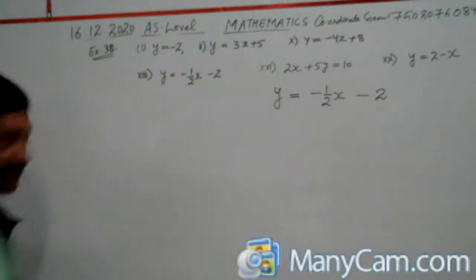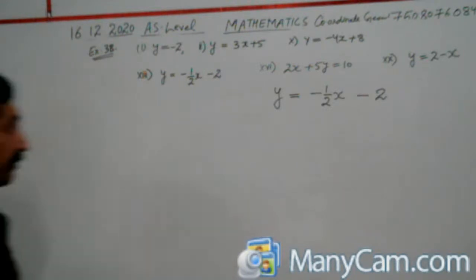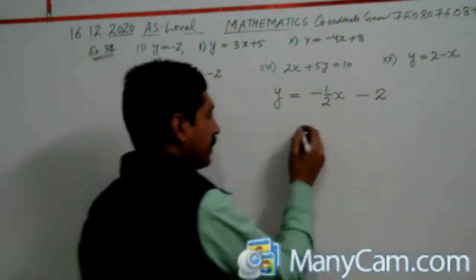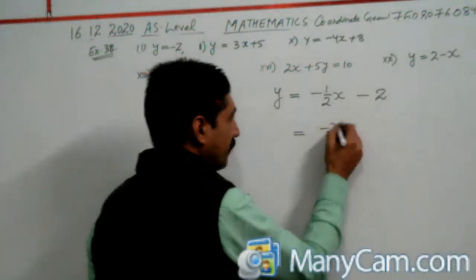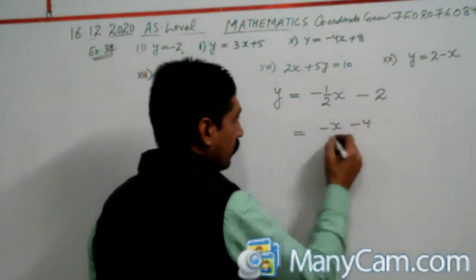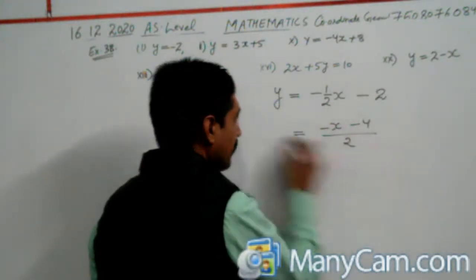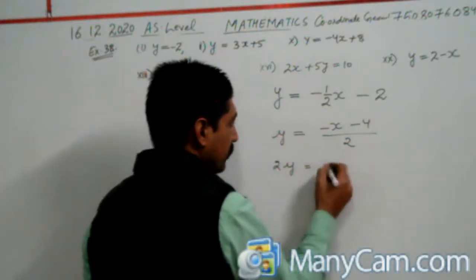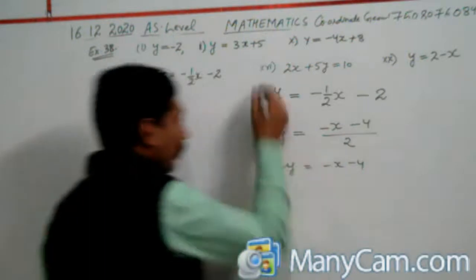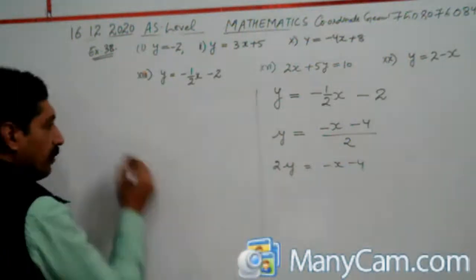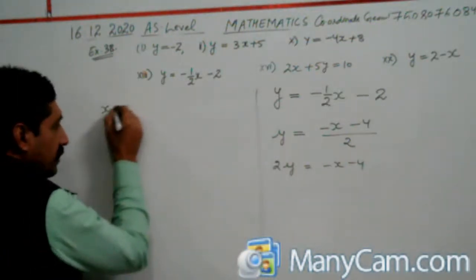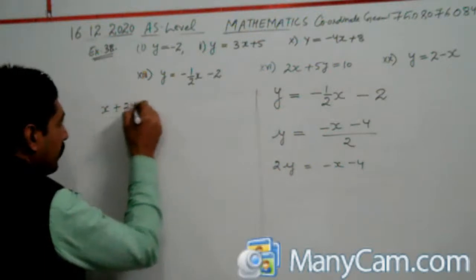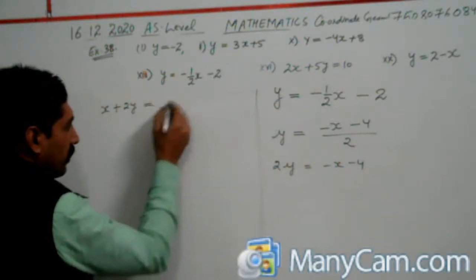First we can take the LCM and simplify it, and we can cross multiply. We have 2y is equal to minus x minus 4, or we can write this equation in this form, that is x plus 2y is equal to minus 4.